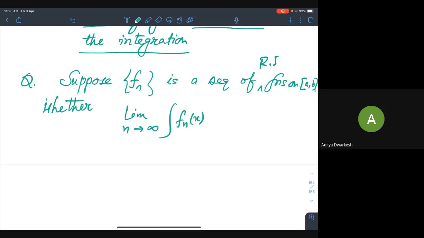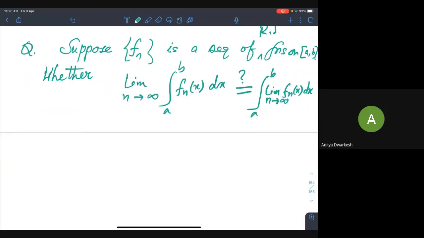The question is whether we have this. So whether you can interchange the integral sign with the limit. Right, so this is a question. What do you think? Is it possible to interchange?